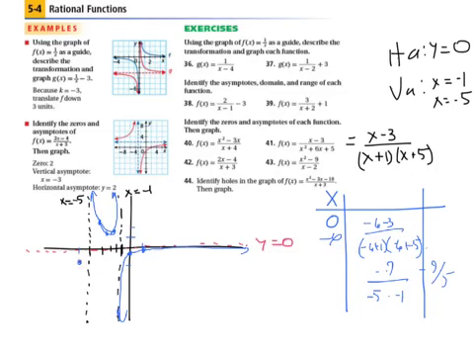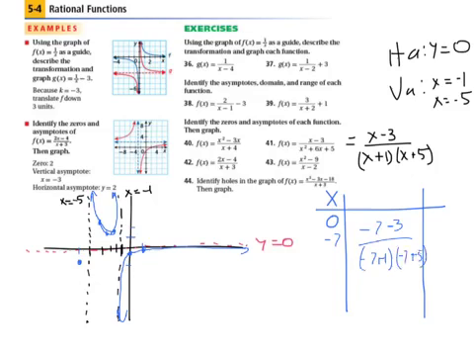And then we'll do the same thing for -7. -7 minus 3 over -7 plus 1, -7 plus 5, -10 over -6 times -2.